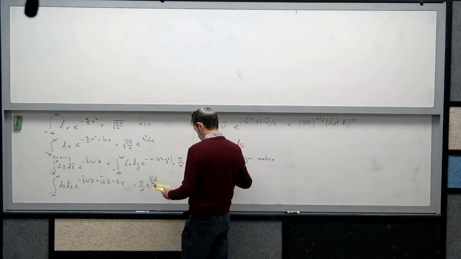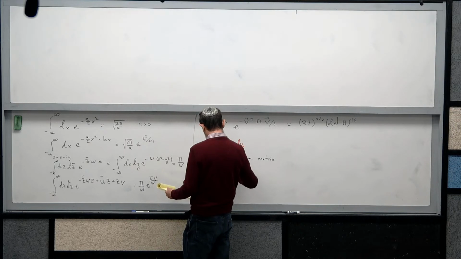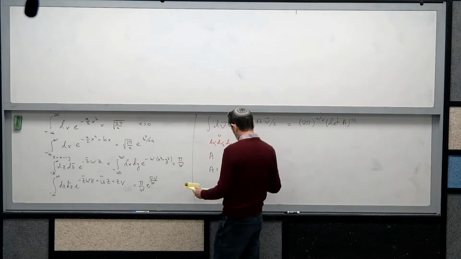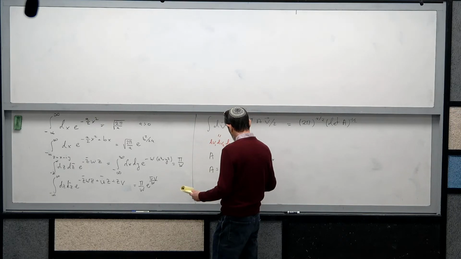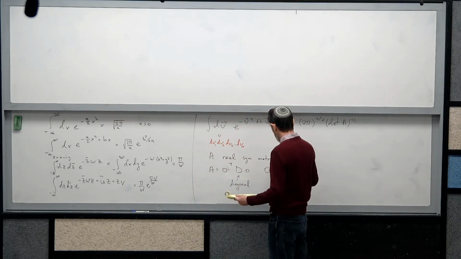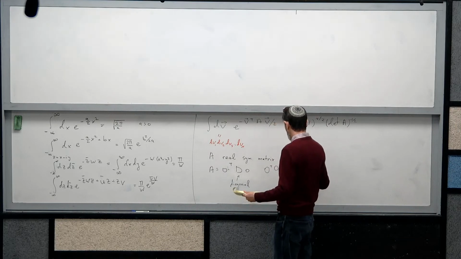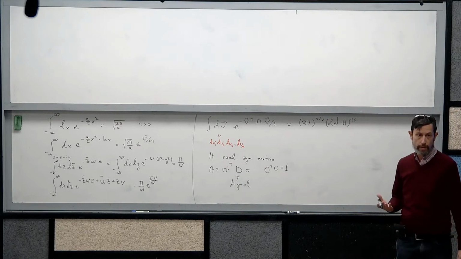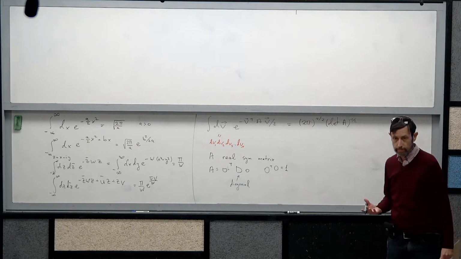So A is equal to O transposed D O, where this is diagonal. And of course, the O transformation is unitary.